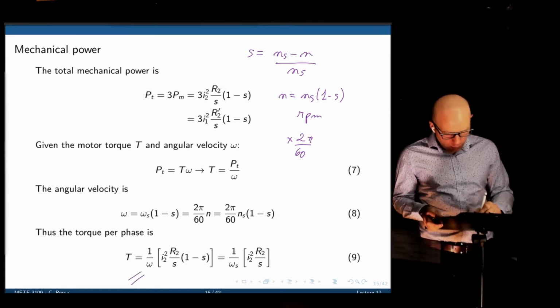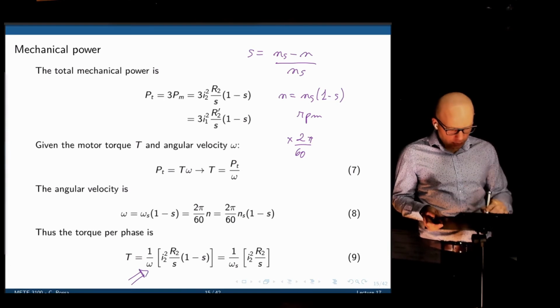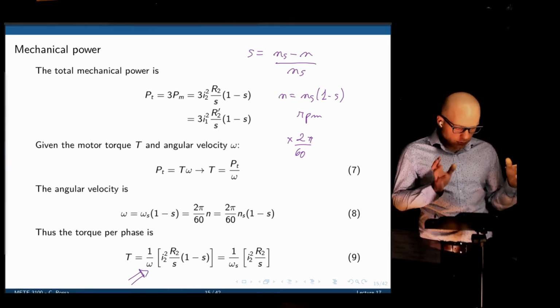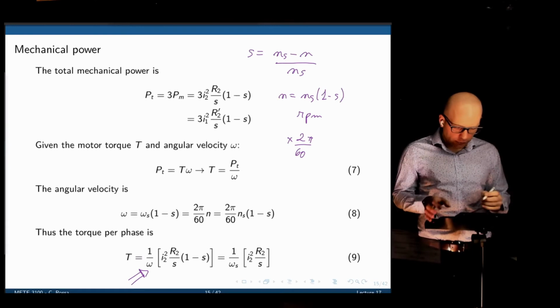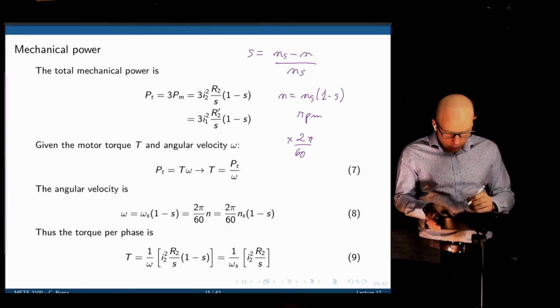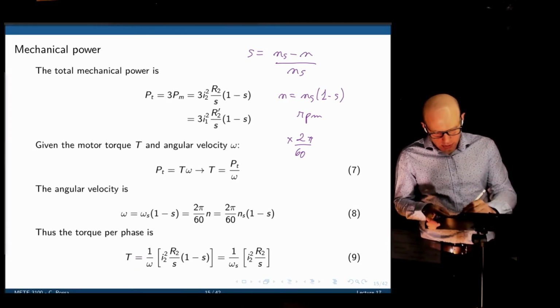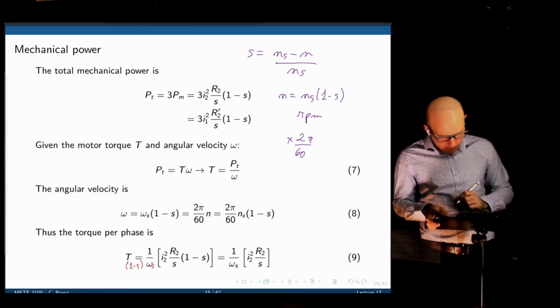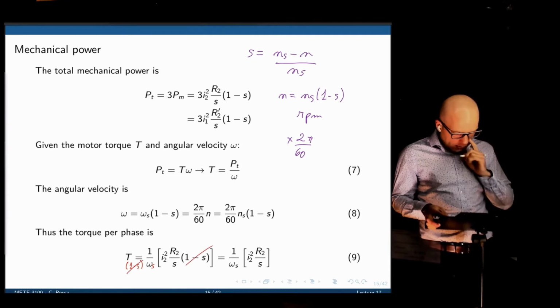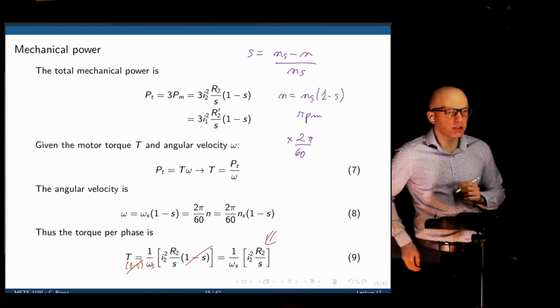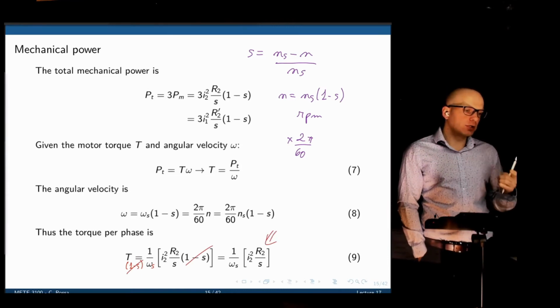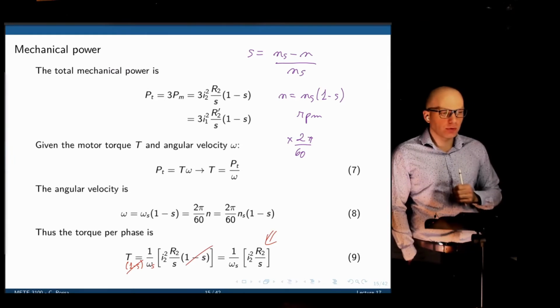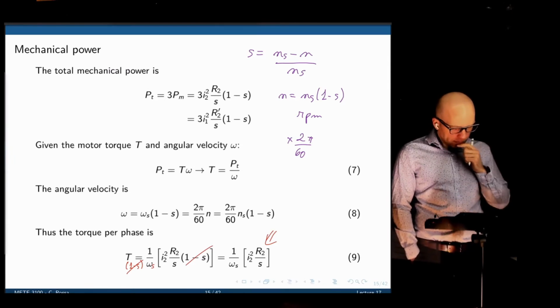We have the actual speed, or we have the synchronous speed times 1 minus s. By doing that, we can simply replace the denominator here with s and 1 minus s. So this will cancel that, and you have now the expression for the output torque as a function of the synchronous speed in radians per second.